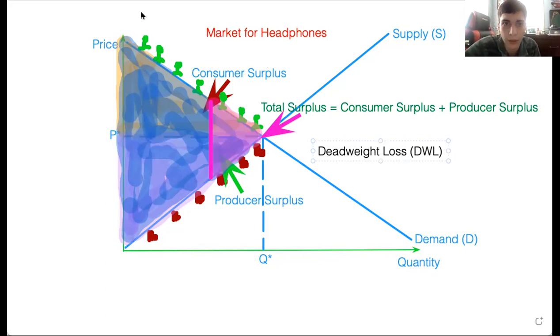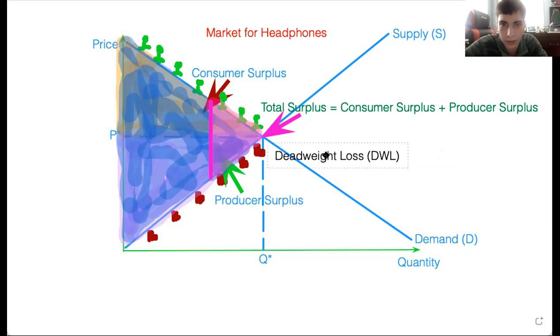So, anyways, deadweight loss would be that area.